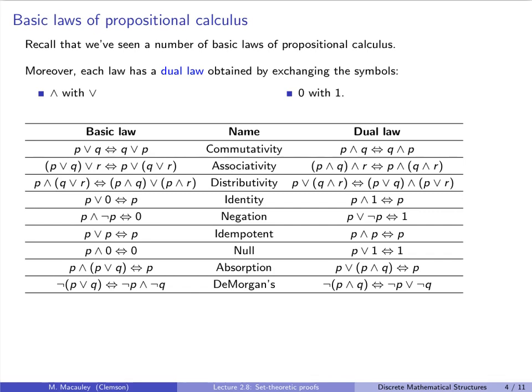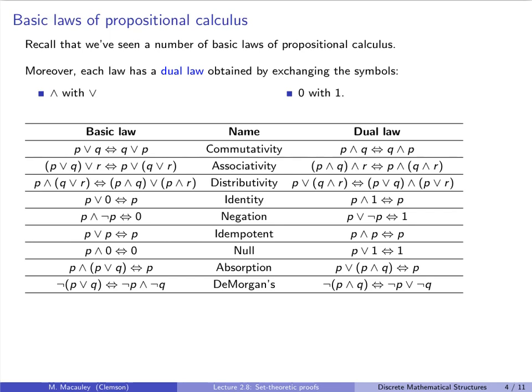So the first one is commutativity, which says that P or Q is equivalent to Q or P, or the dual law is P and Q is equivalent to Q and P. Now, it's not like one of these is commutativity, the other one is the dual. They are both dual to each other, so it was kind of arbitrary which one I decided to put in this column.